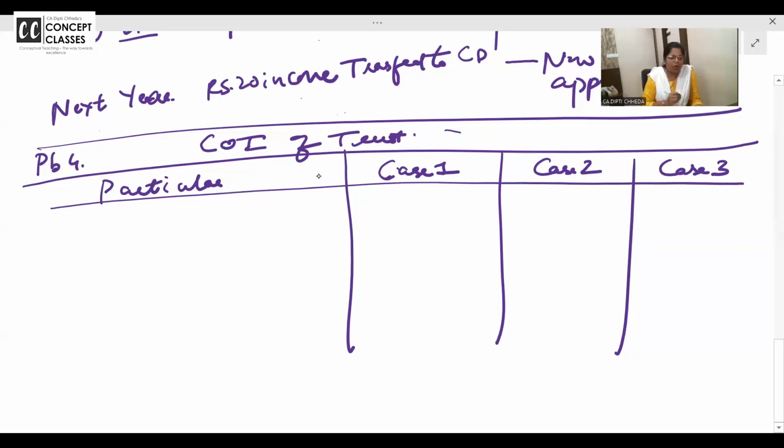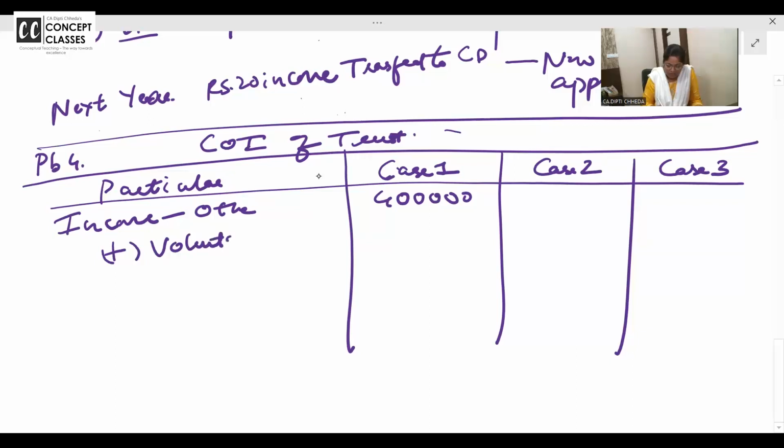Income other than voluntary contribution. So your other income, I am writing as other income. How much is it? 4 lakh. Please do vertical, copy mat karo. Vertify karoge to galti ho jayegi. Voluntary contributions. Is it my income? Yes. 1 lakh rupees bilkul meri income hai.